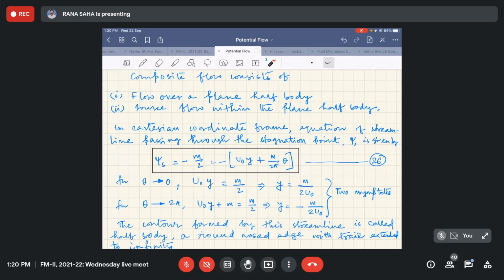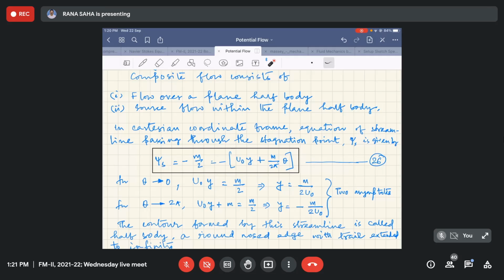You can correlate this with the front end of an aerodynamic body. Typically, if you have seen an aircraft, the front end has this kind of a shape, or a high-speed train, those are also this kind of a shape.